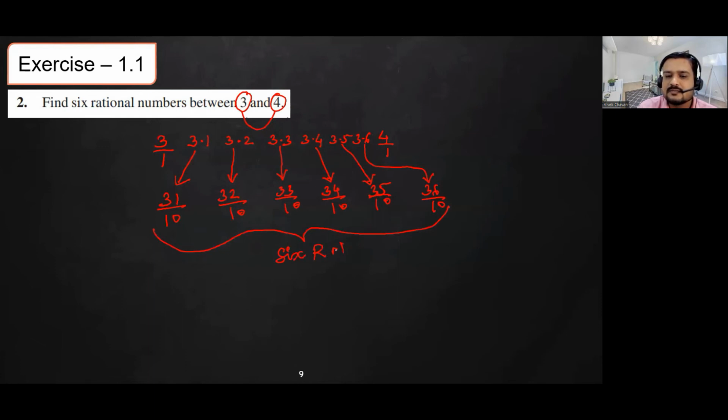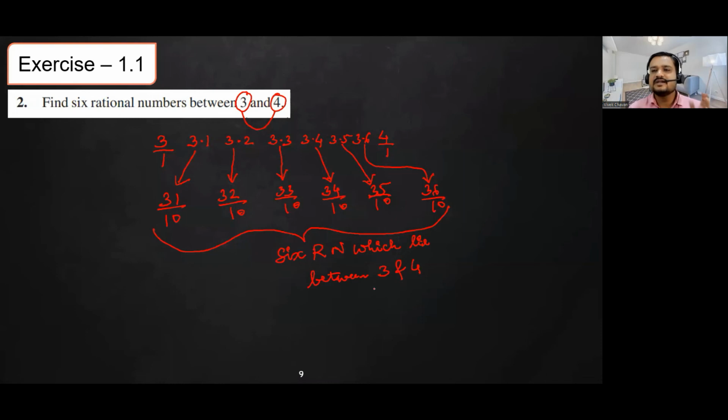6 rational numbers which lie between 3 and 4.